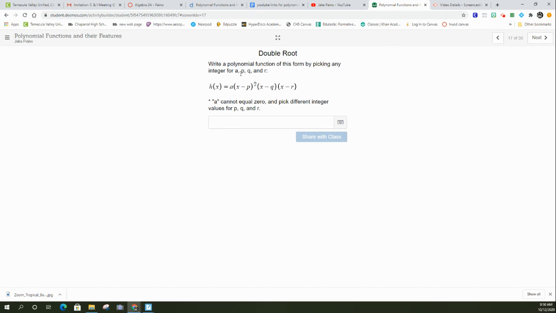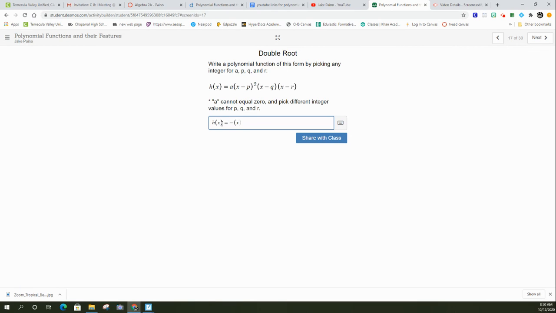It says write a polynomial of this form. The only difference here is that there's a squared on there. So let's make this one negative.